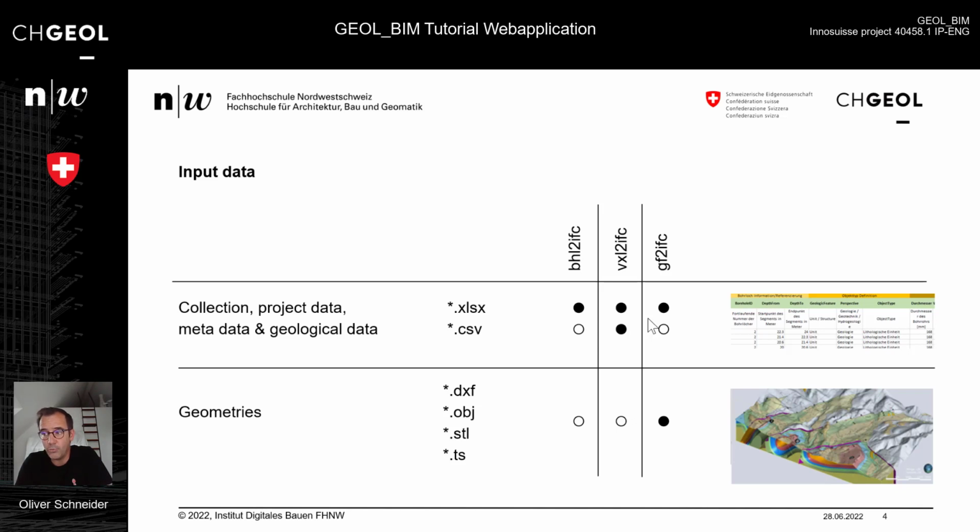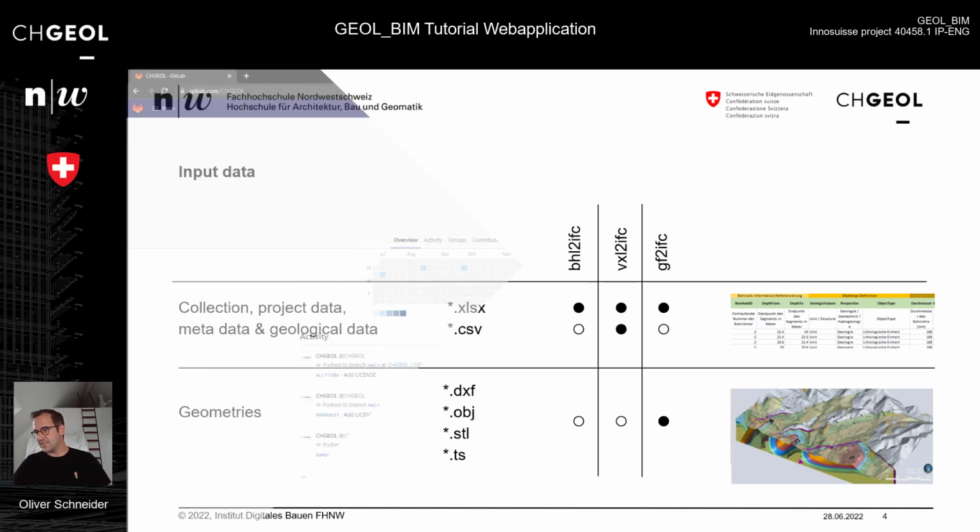DXF, OBJ, STL, and TS are supported, and this is your preparation work. There are also templates available on the GitLab links, and there is a tutorial available, which I'm now going to show you in the web app, and which you can do on your own. It relates to all three adapters, and it's a tutorial from Switzerland.